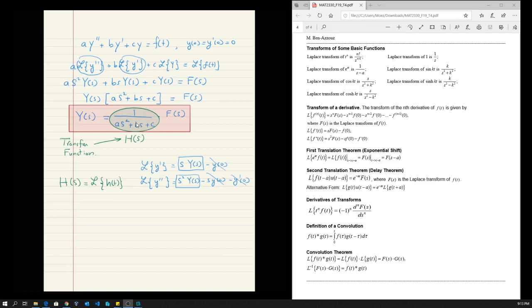All right, so what's significant about this, it turns out that this special little function here also has a special name. We call it the impulse response function. What does that even mean? Well, that's basically the solution to this differential equation if you replace f of t with a special weird function that kind of models a burst of energy, like a spike of energy that you apply to the system.